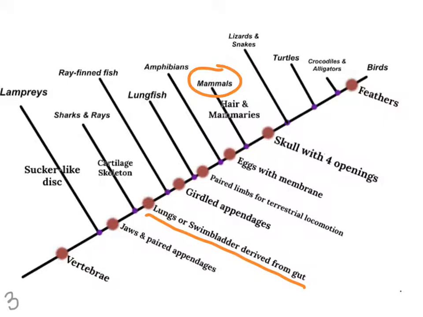Where did they get their lungs or a swim bladder derived from gut? From whatever common ancestor they shared with lungfish and amphibians and everything above them on the list. Some common ancestor had that characteristic. The ray-finned fishes got it, and the lungfish and the amphibians, sharks and rays, don't have it. Lampreys don't have it because they don't share that common ancestor.